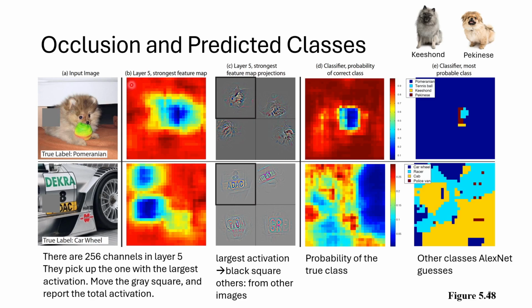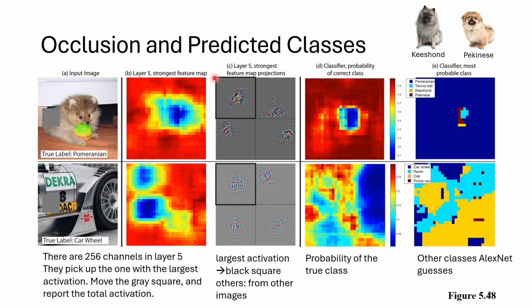The red color means a high value, and the blue color means a low value, as you can see from this color bar from 1.0 to 0.0. So what does it mean? It means that AlexNet recognizes this image as belonging to the Pomeranian by using this region, the face of the dog.